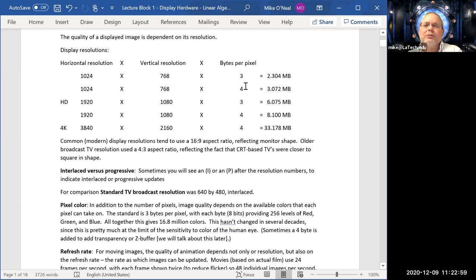And you will see in 1024 by 768, it's a little over 2 megabytes, about 2.5 megabytes, for one image. And now you're beginning to see why video takes up so much space when you start storing videos. Why 3 bytes per pixel?